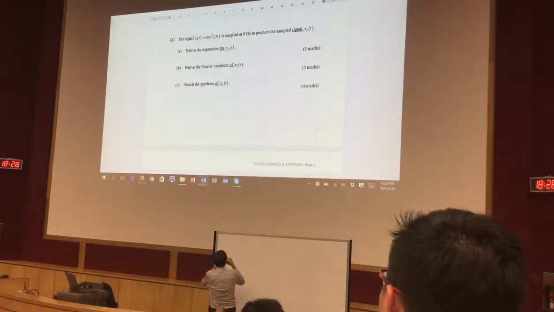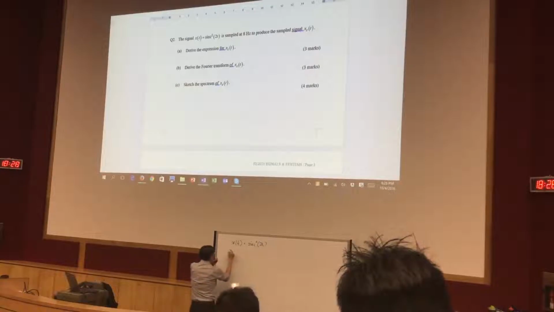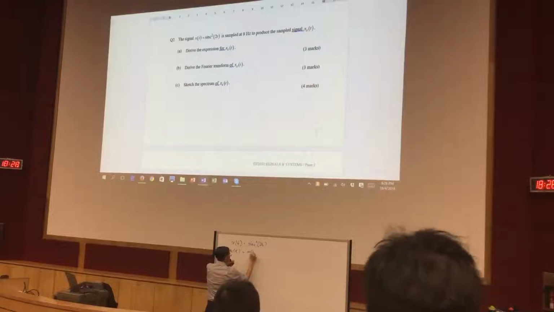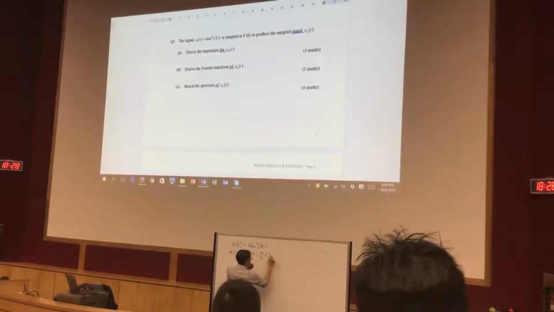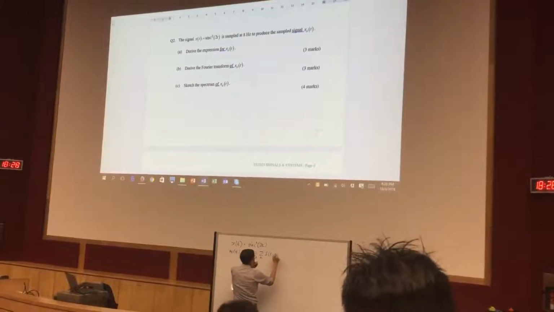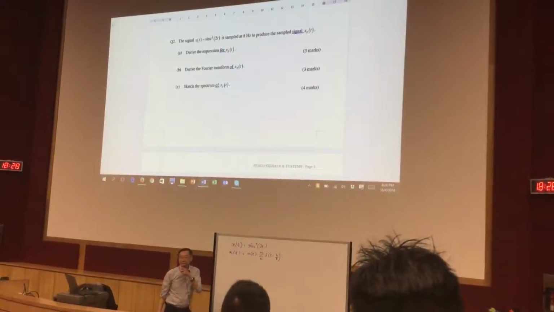Okay, sample. So you got x(t), which is sinc squared 2t. So x_s is x(t) multiplied by the comb function at 8 Hz. That means k over 8. Okay? Right?